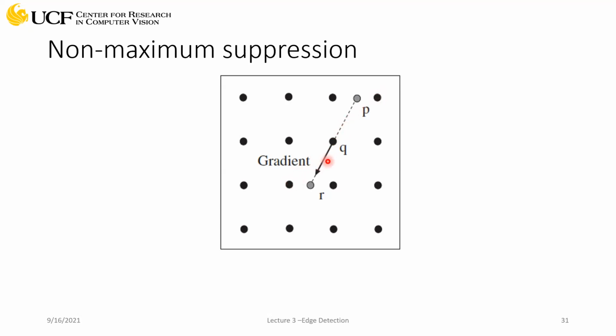But this is not continuous space, it is a discrete space. So it might pass somewhere in between two pixel locations. In that case, we compute a value at this location based on the values of these two pixels, using a weighted average, which I think we discussed in the previous lecture.